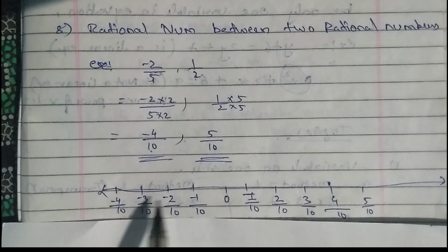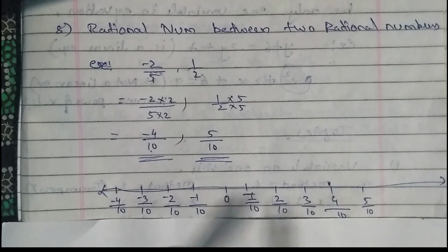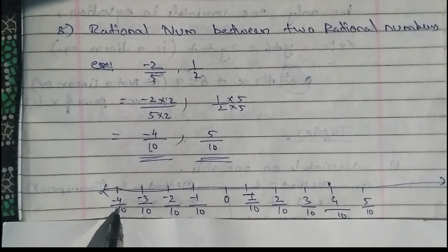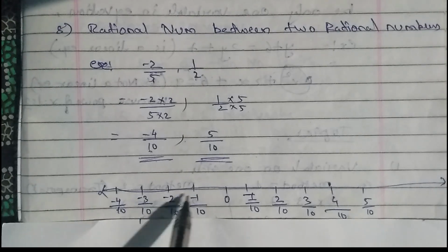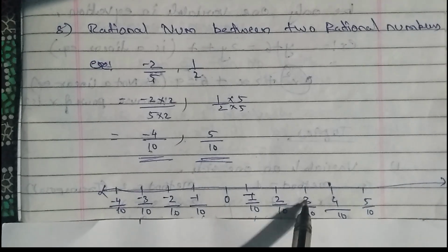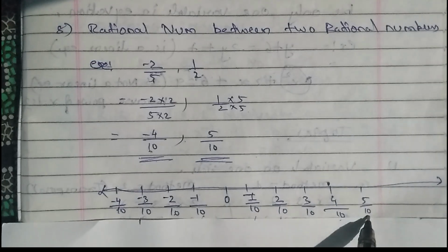Now if I plot all these numbers on a number line, starting from minus 4 upon 10, minus 3 upon 10, minus 2 upon 10, minus 1 upon 10, 0, 1 upon 10, 2 upon 10, 3 upon 10, 4 upon 10, 5 upon 10.